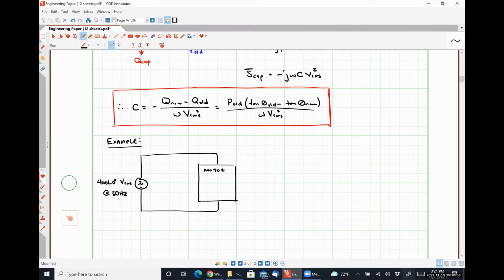Our motor draws 1 kilowatt of power at a power factor of 0.80 lagging.